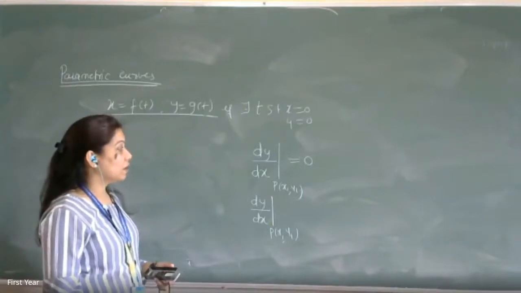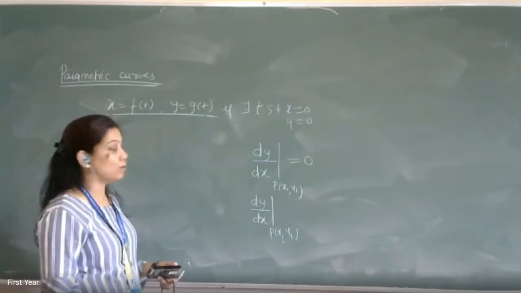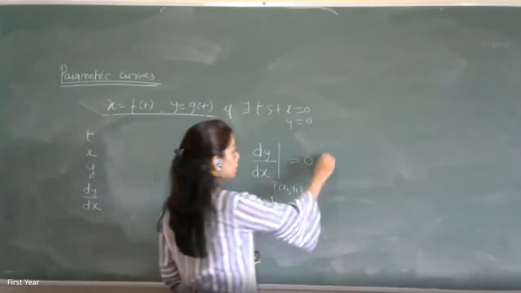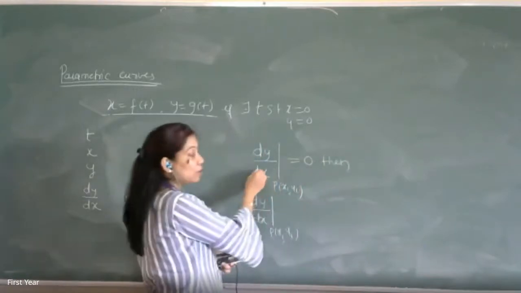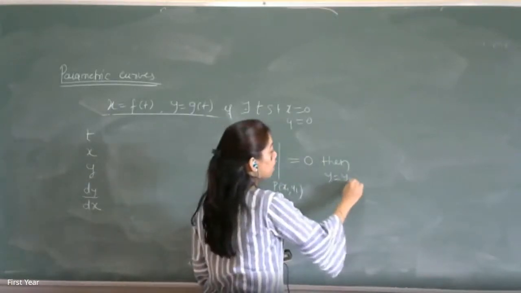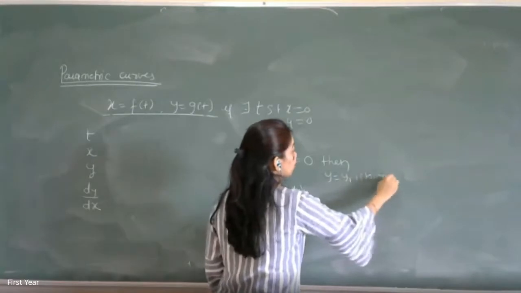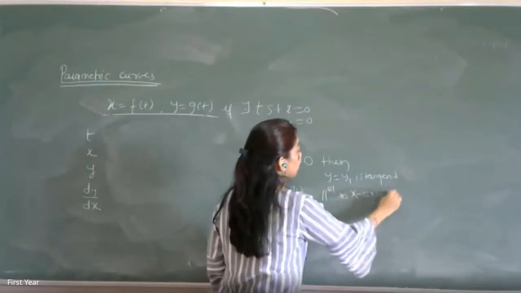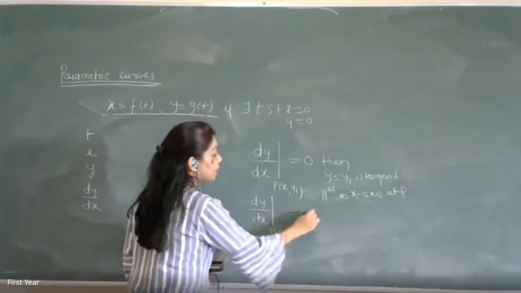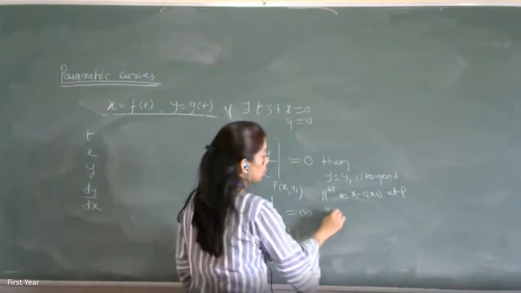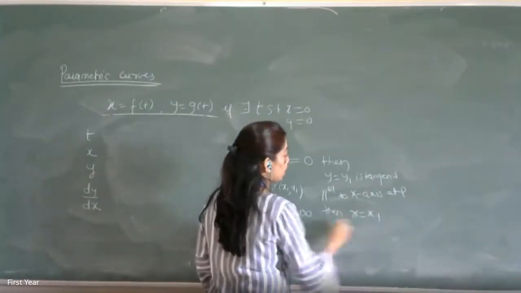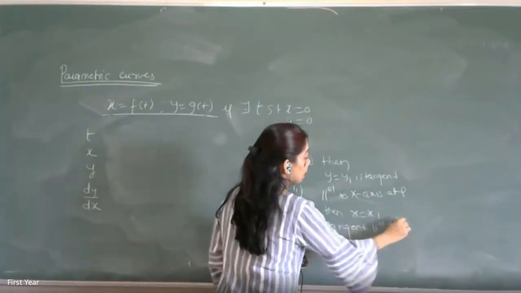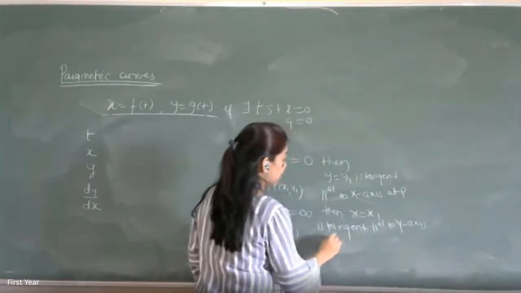If dy by dx is equal to 0 at (x1, y1), same condition. If dy by dx is 0, then what is the tangent? Tangent is parallel to x-axis. y is equal to y1 is the tangent parallel to x-axis at P. And if dy by dx is infinity, then x is equal to x1 is the tangent parallel to y-axis at P.